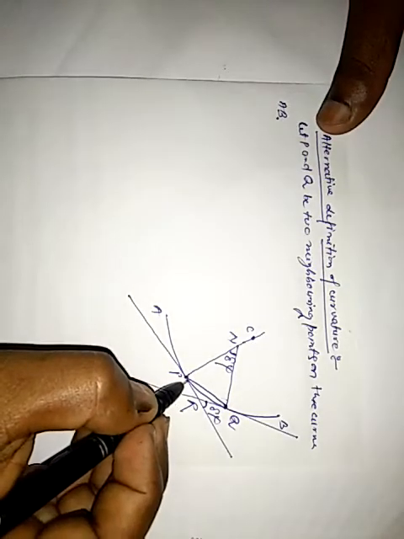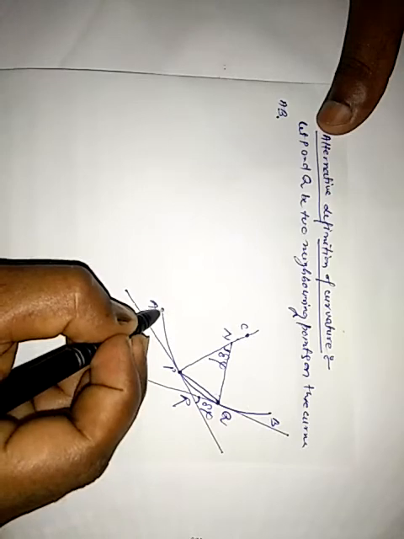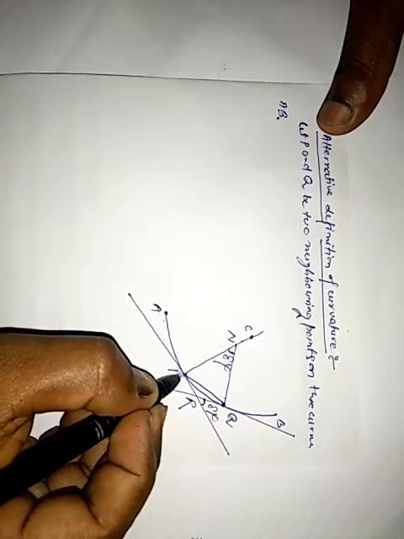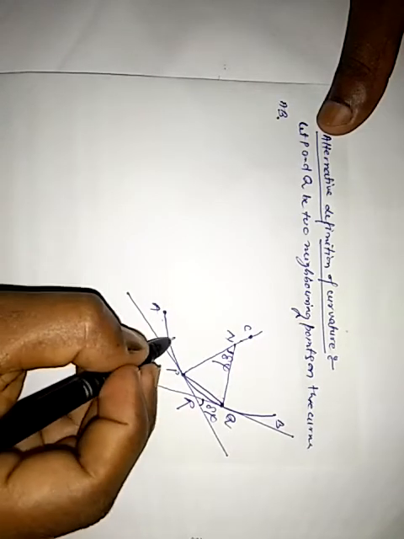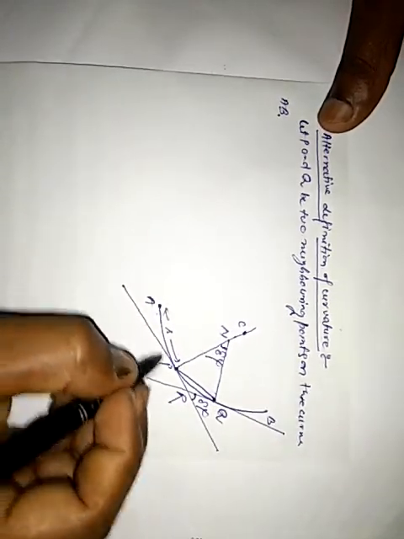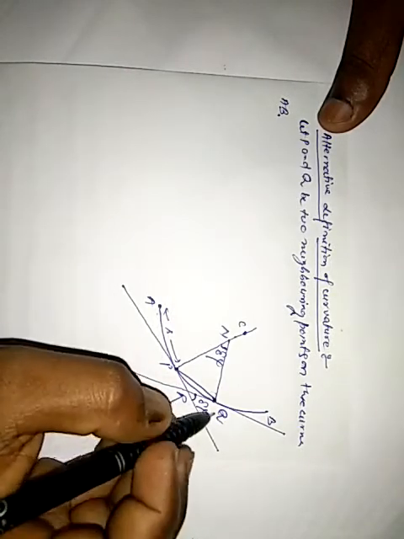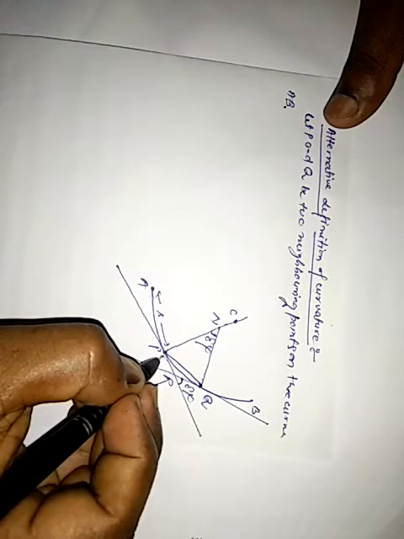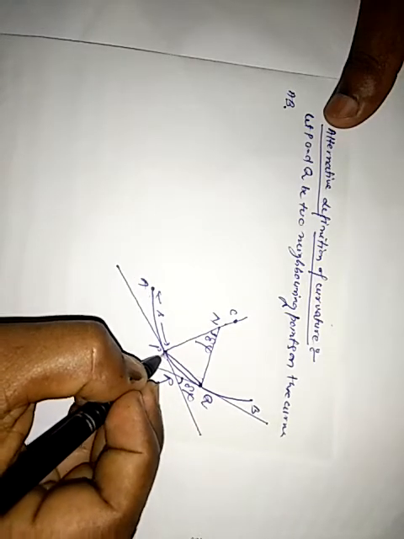Let us say from the fixed point A, the arc length of P is s, and the arc length of Q from A is s plus delta s, so the arc length of PQ is equal to delta s.